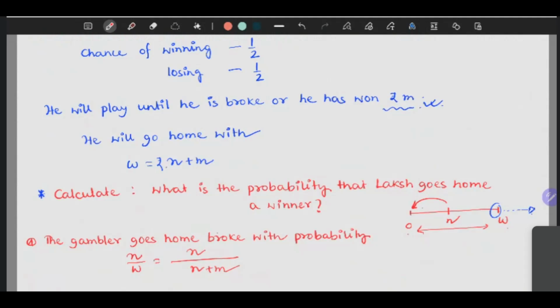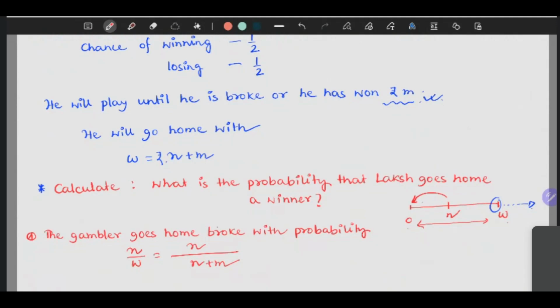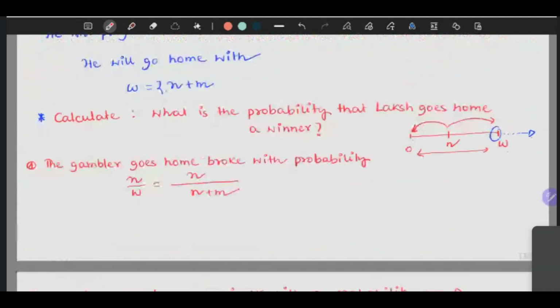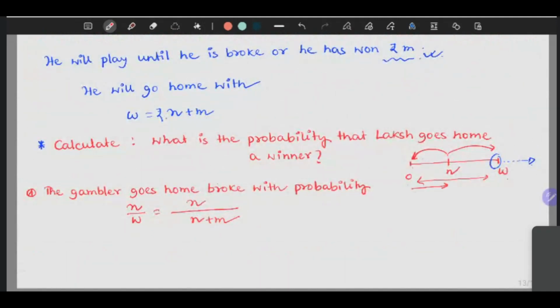So you can see the similarities, and you can promptly write that the gambler goes home broke with probability n by w, where w is n plus m, and the probability of reaching the other end is m by n plus m. This is because of the displacement size.